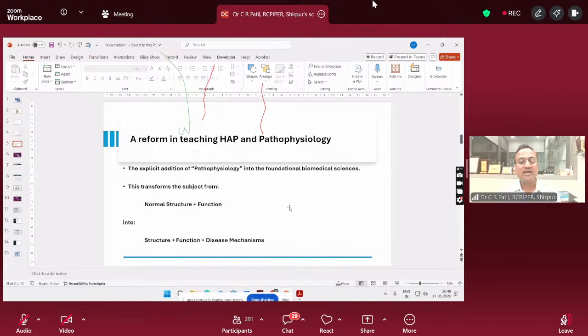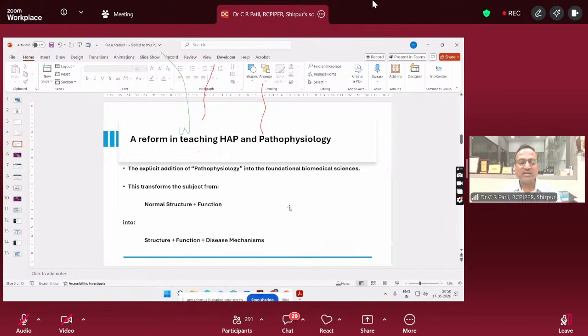But if you look at the actual syllabus for human anatomy, physiology, and pathophysiology, the credit hours is 4. And if you count the total workload, then we have not lost too many hours in reality. The total time which has been given to us is almost equal.